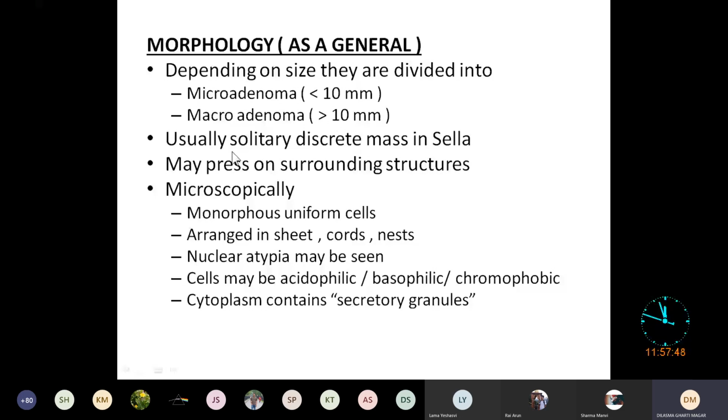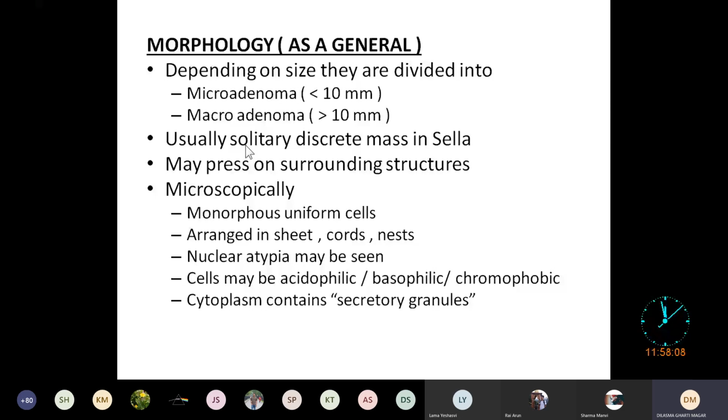Usually these adenomas are solitary, discrete masses in the sella turcica. What do you mean by solitary and discrete mass? Solitary means it is single. Discrete means it is distinct; it can be made out very clearly from the surrounding area.